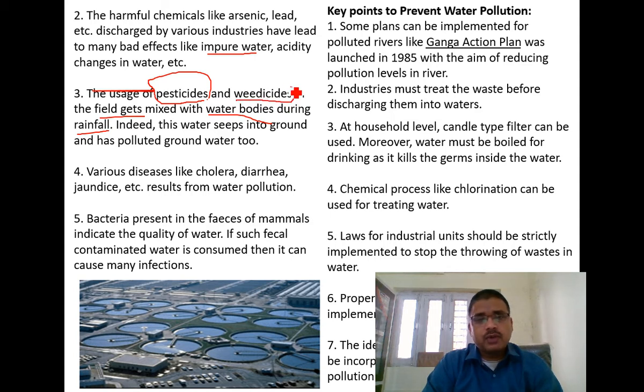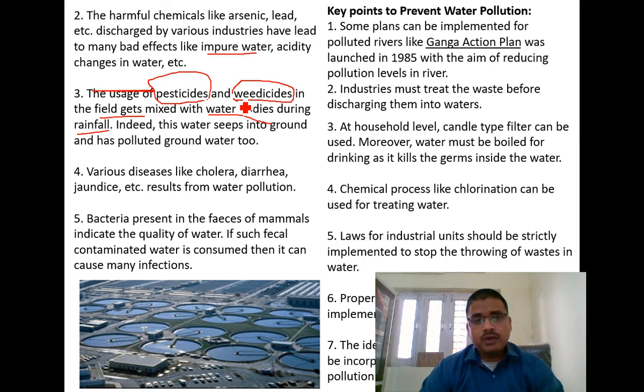When these are used for the protection of agricultural products, whenever rainfall occurs, at that time the pesticides get mixed with the rainwater and go to the rivers, by which the water bodies get affected.